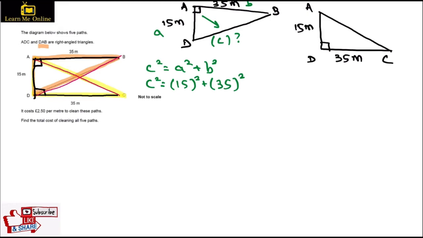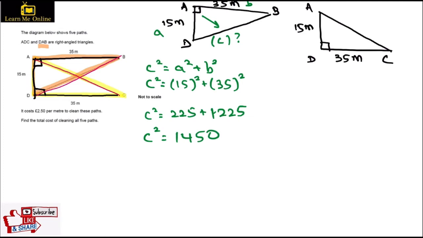When we do the calculation, C squared equals the square of 15, which is 225, plus the square of 35, which is 1225. When you add them together, it gives us 1450.